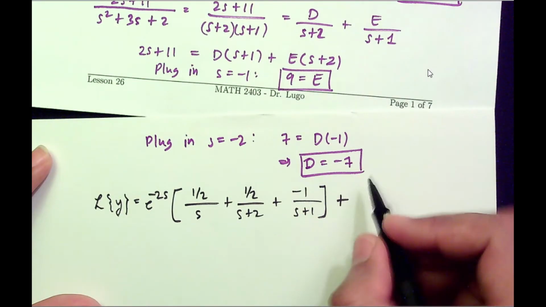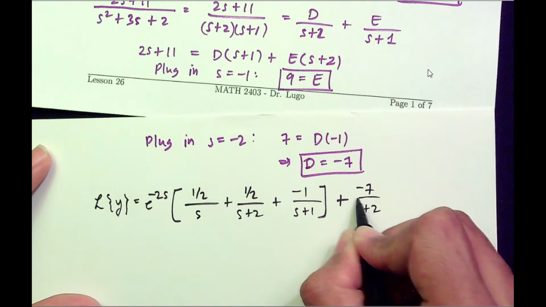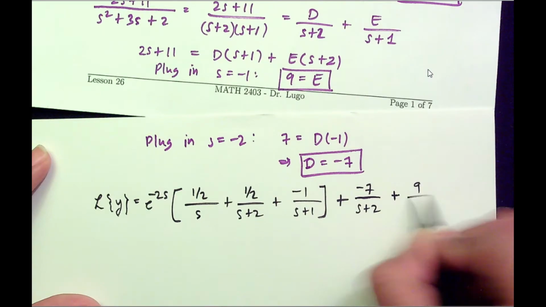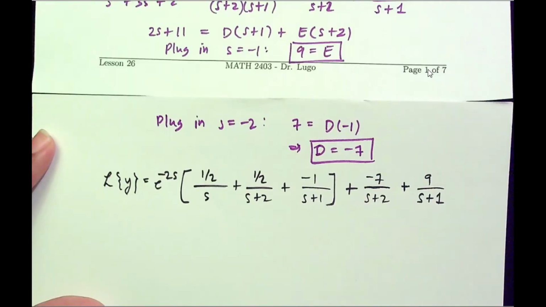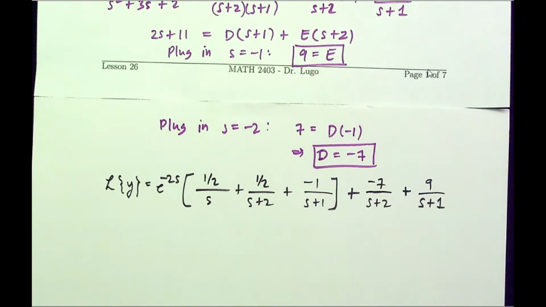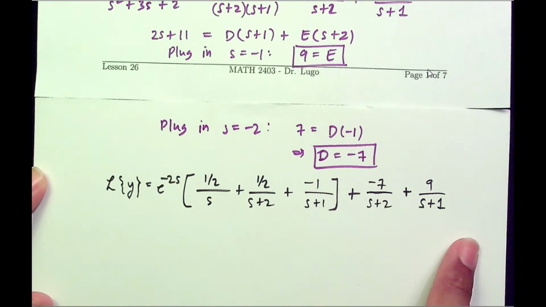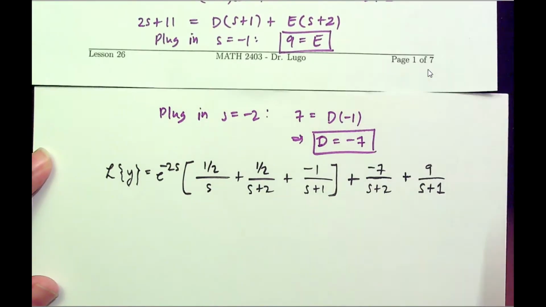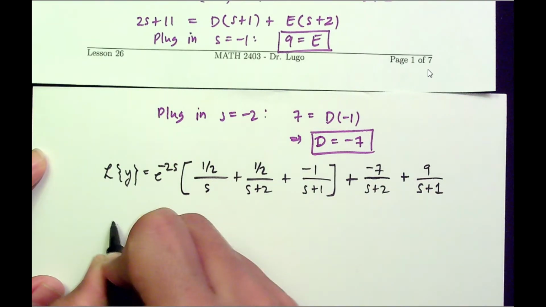So -7 over s plus 2 plus e, which is 9, over s plus 1. Aha. Now we have the Laplace transform given in simpler terms. Now I think in 1 or 2 steps we should be able to invert the whole thing by looking it up in the table. So one more step.